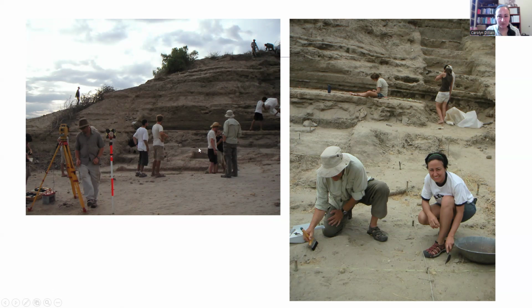After this particular field season, when things were exposed, we then brought out specialized scanning equipment that took a very detailed 3D scan of the entire footprint sequence. And that allowed the project leads to take it back into the lab and process those imagery data and really get a very, very clear picture and map of the footprints within the site.